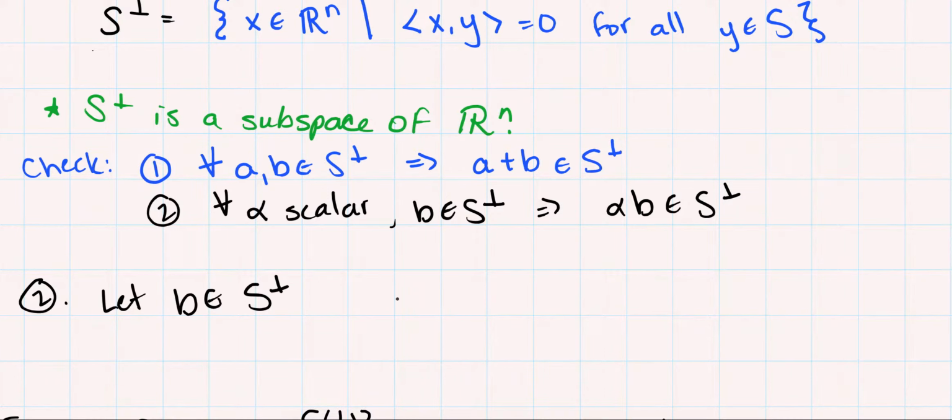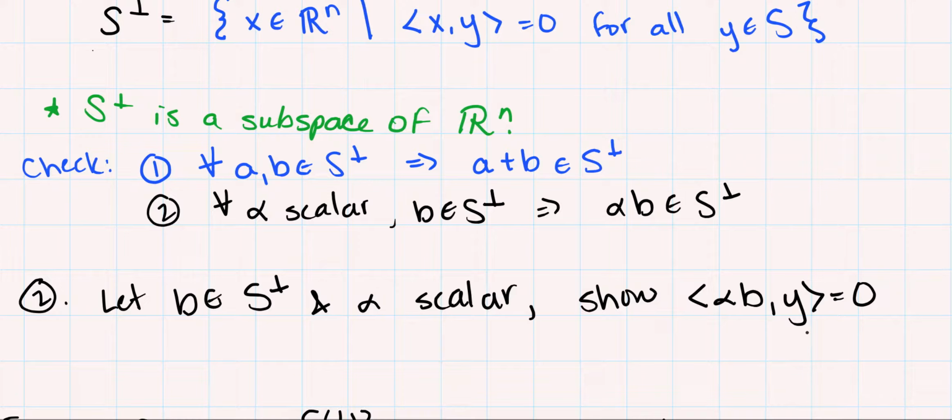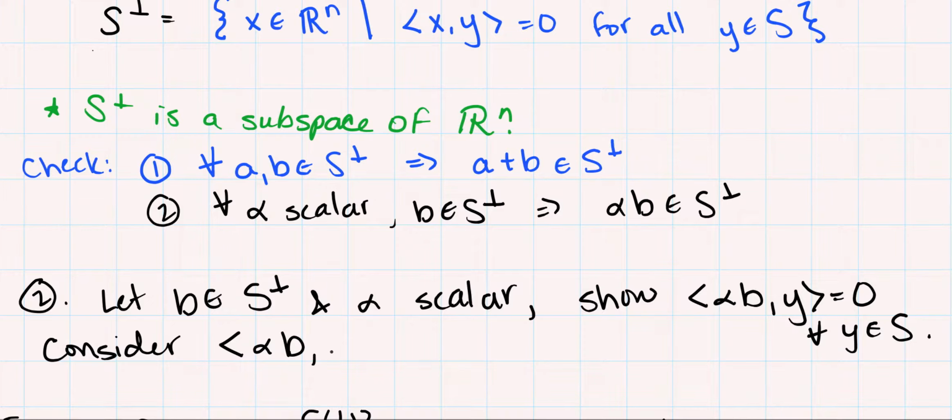We want to show that the inner product of alpha times b with y is 0 for all y in S. Okay, so we're going to consider the left-hand side of this. Alpha times b with y for any y in S, well, this is equal to (alpha times b) transpose times y.